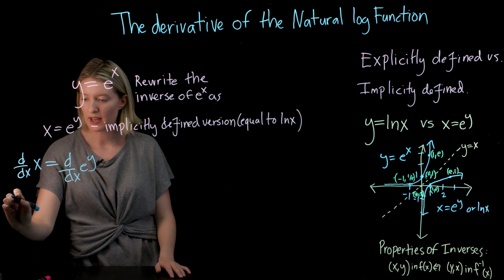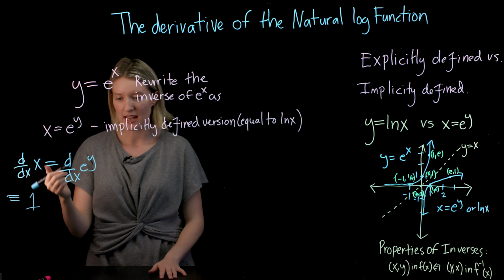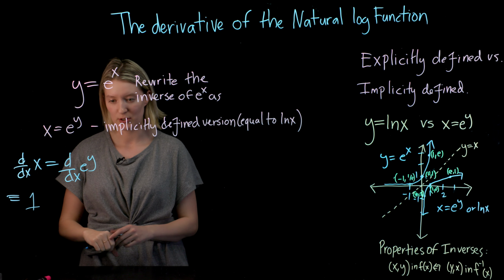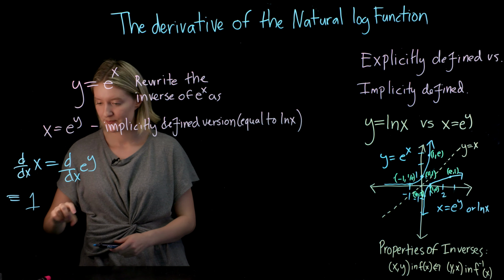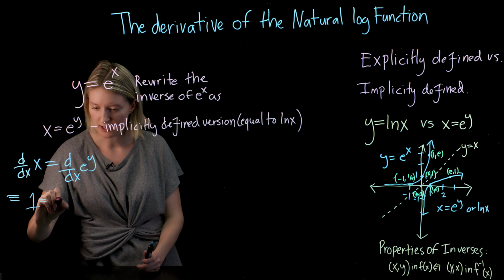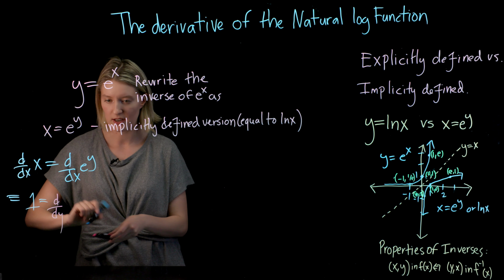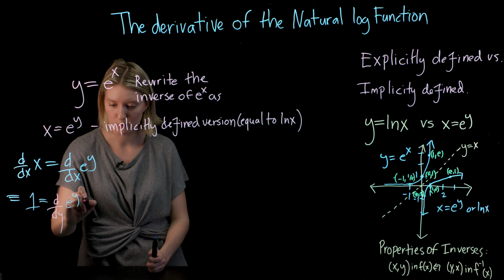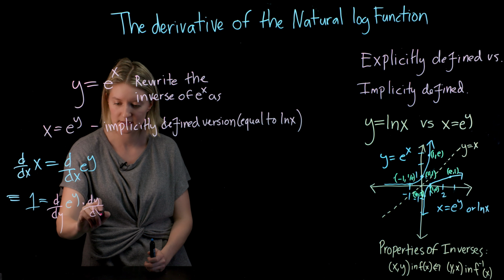Now, I know that on the left side, my derivative will be equal to 1. Before I can take the derivative of e to the y, I'm going to need to rewrite this so that my derivative is in terms of y. So over here, I'll have the derivative with respect to y of e to the y times the derivative of y with respect to x.